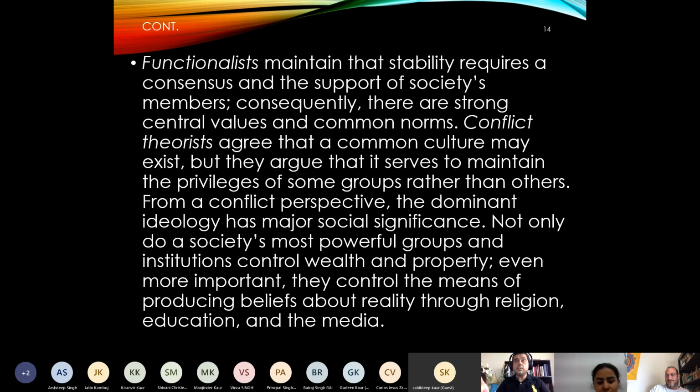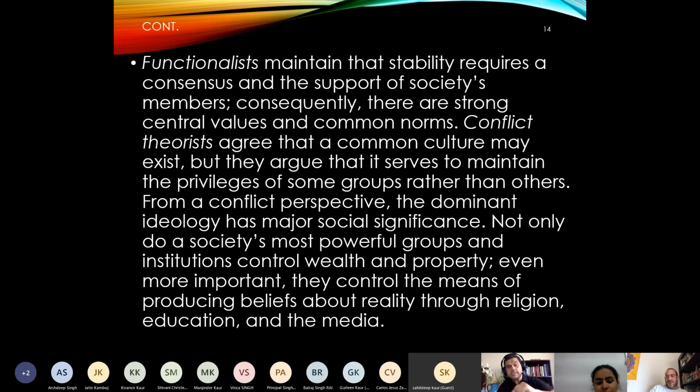So the conflict perspective says that yes, there are norms, and yes, there are values, and there are dominant norms, dominant values, dominant ideology, but those were made dominant by the agencies of socialization, which are themselves controlled by the rich people, by the powerful people, not to make everybody happy, not to make everybody satisfied, but to make everybody submissive and to make everybody accept the status quo, not for the welfare of everybody, but for the well-being and for the stability, not of all of the society, but for the stability of the upper class, which is dominating the society.